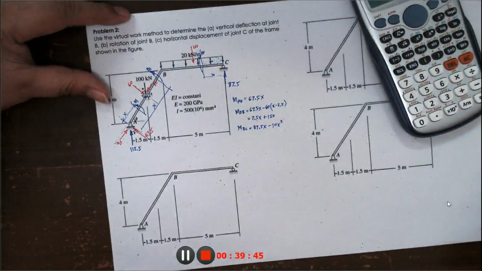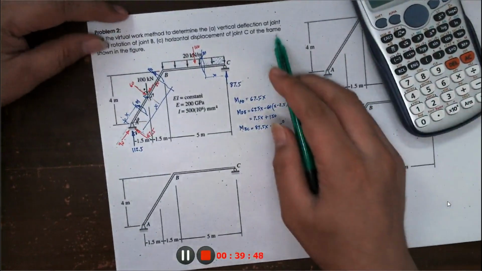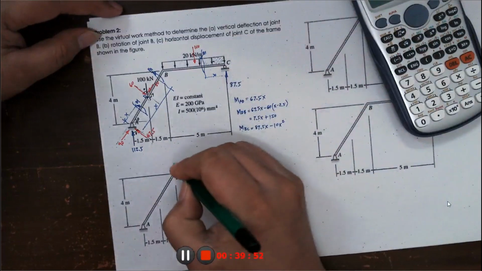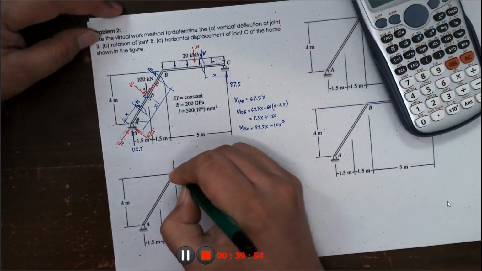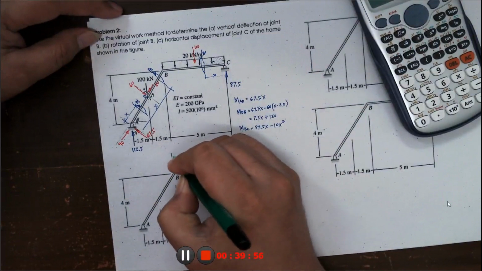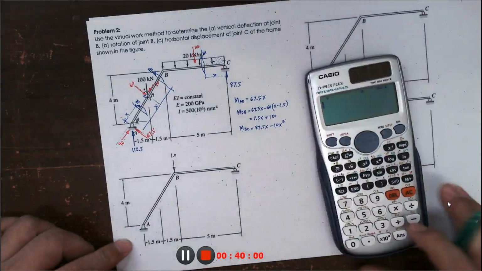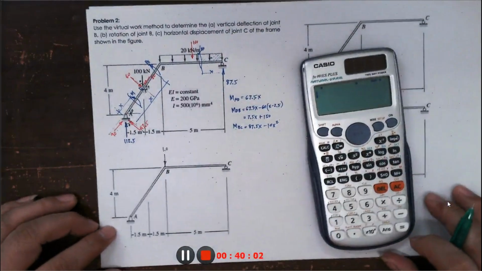Letter A, vertical deflection at C. So vertical deflection at B. So we apply a unit load here, 1. Right? So what are the reactions? Reaction.